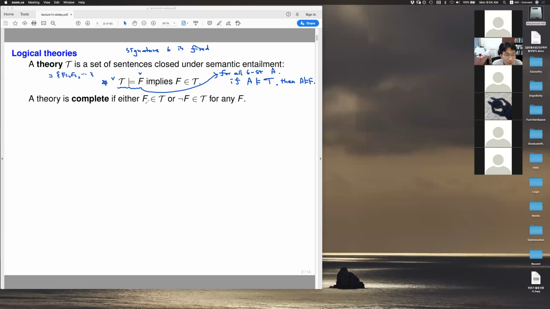We're going to see some examples of complete theories, but implicitly what this definition says is that there may be some theory T and some sentence F such that although T is a theory, F is not in T, and the negation of F is also not in T. Both of them are first order sentences that are not in T. This is possible in general, but a complete theory is one where this is not possible.